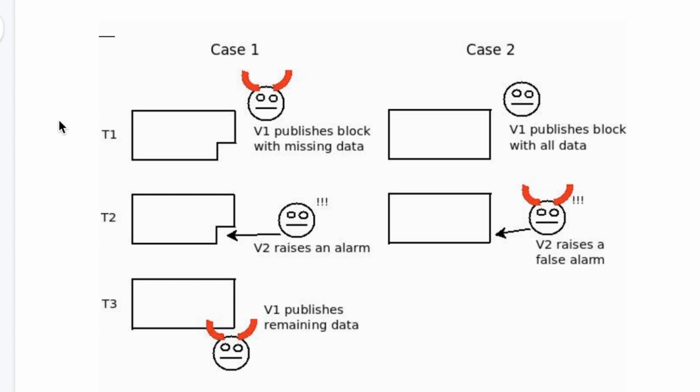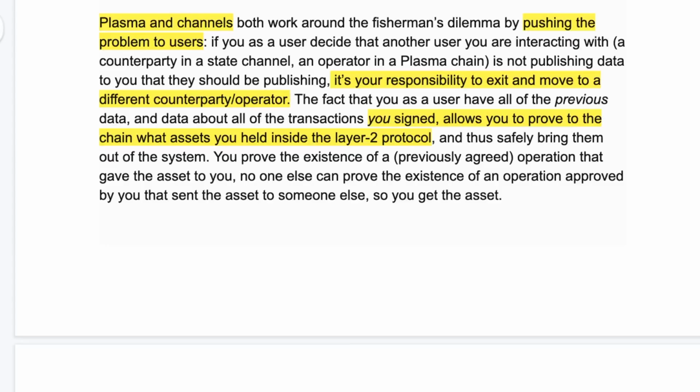Now V2 raises an alarm, and at T3 here in block 3, V1 publishes the remaining data. And in case 2, here you've got the case where V1 publishes all the data and V2 is a malicious actor, and he makes a malicious challenge even though the data is still there, and that is a big problem.